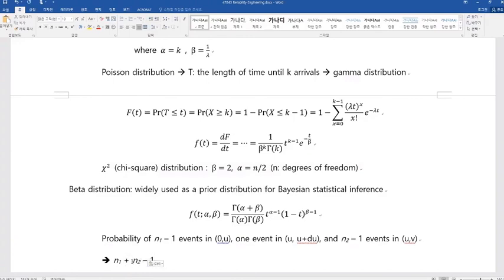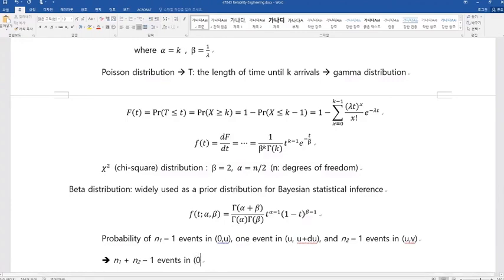We have n1 minus 1 events and 1 event, and another n2 minus 1. So n1 plus n2 minus 1 events occur in the time interval from 0 to u, and u to u plus du, and v.